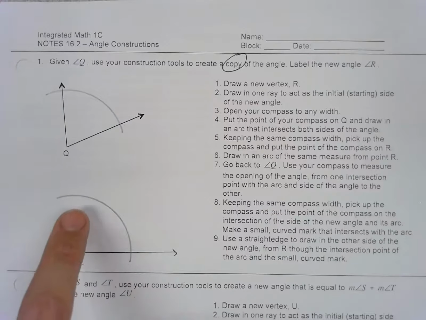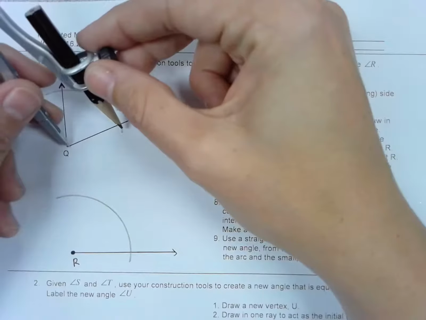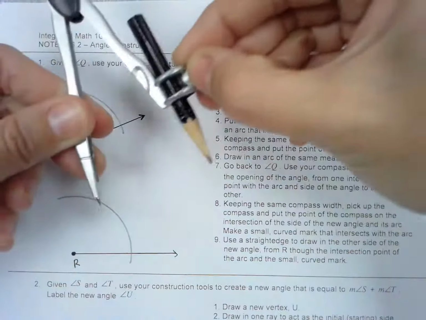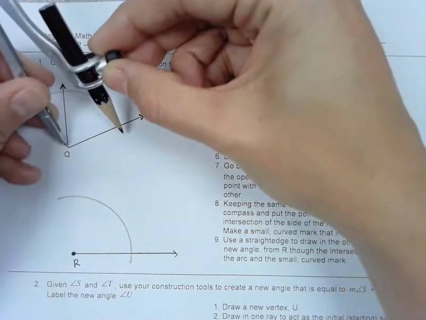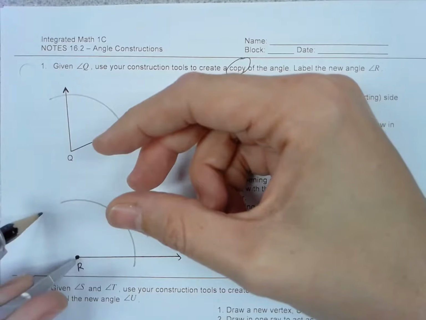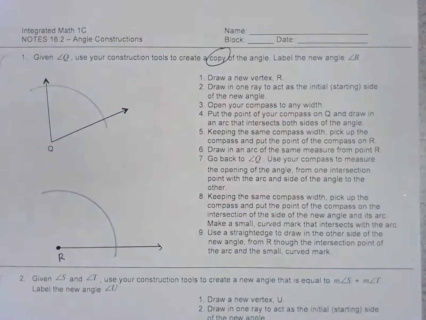You just want to make sure that you draw this far enough around so that when you do the next thing, it'll have something to land on. You can always go back if you need to as well. Don't feel like you need to start over at the very beginning. If you change how wide open your compass is, you can always go back here, measure, come back here, measure, and then add on a little extra if you didn't go around far enough. But it looks like we did go around far enough.